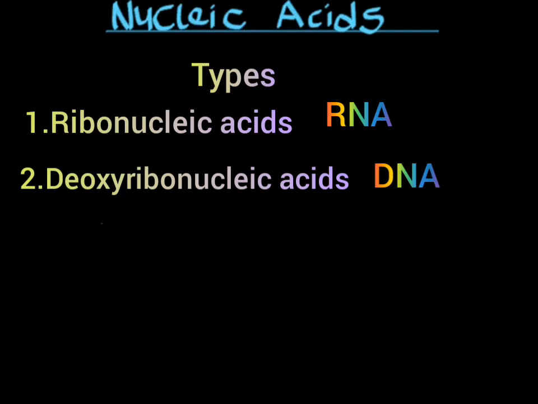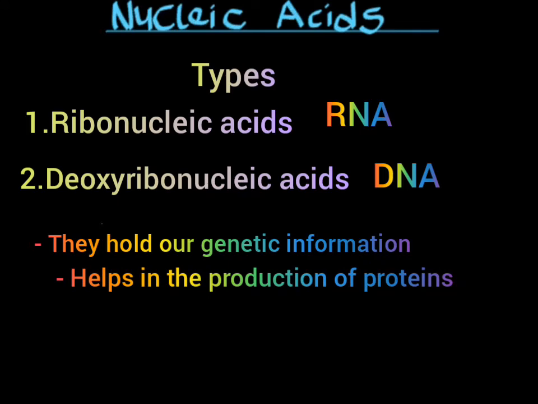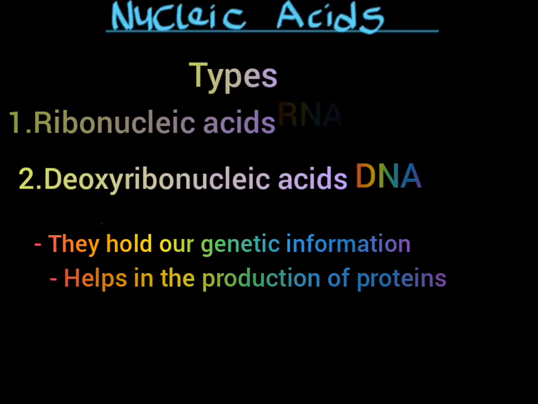These nucleic acids perform a variety of functions for us, such as holding our genetic information. So they contain our genetic information. Other functions would include the production of different types of proteins needed in the body, amongst others. We're going to be discussing the functions in subsequent videos.